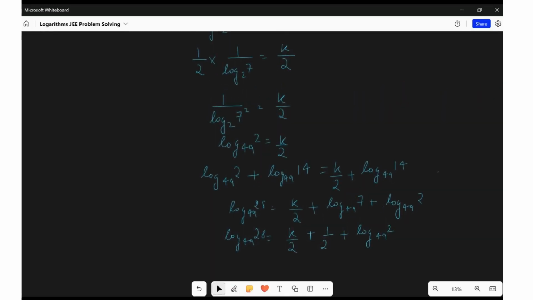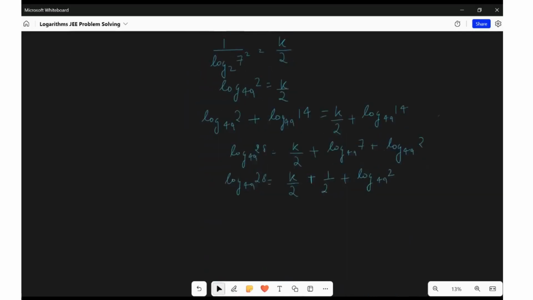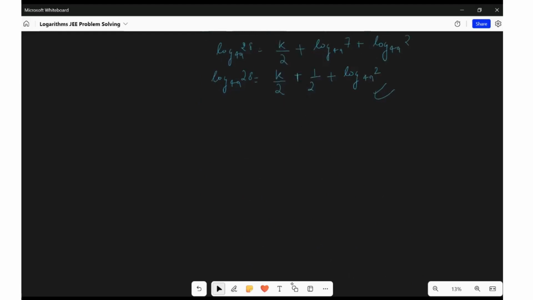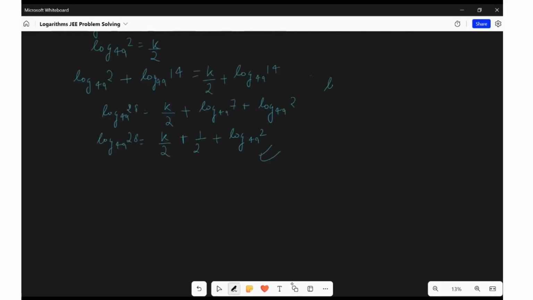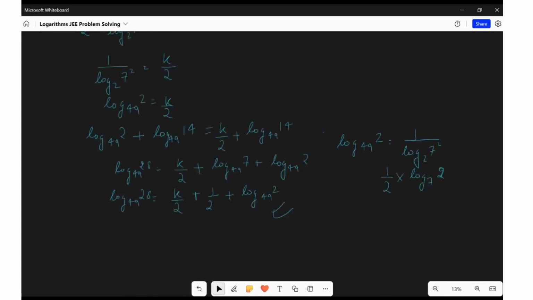And if we see back, we are given log 2 base 7 as k. So log 2 base 49, let's rewrite this on the side, can be written as 1 by log 7 square base 2, right? And this is nothing but half of log 2 base 7, and log 2 base 7 is given as k.